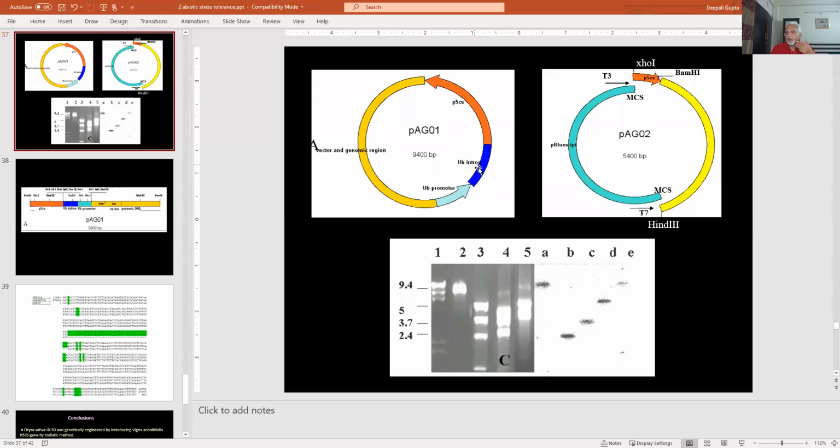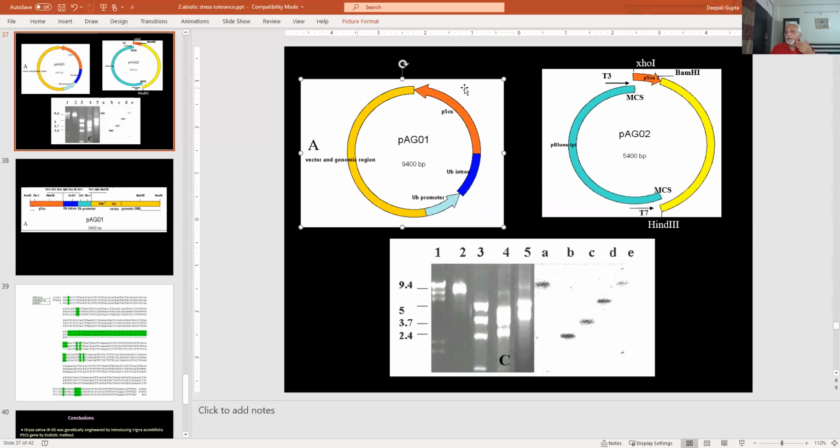So you have a scenario wherein you have part of this Ubi promoter, intron and coding region, and then it enters into the genome sequence, so this gets amplified. Now you can remove this fragment and subclone it, where it has part of the P5CS gene and the genomic DNA. So a HindIII fragment was taken out from here.